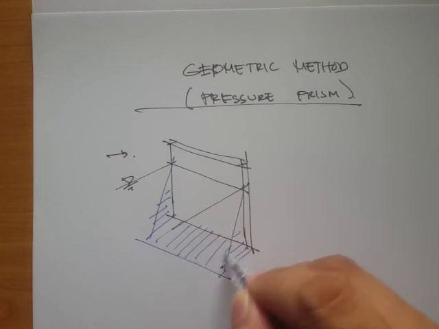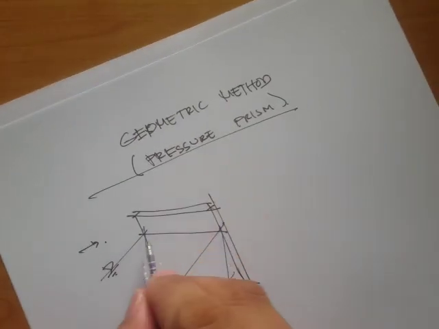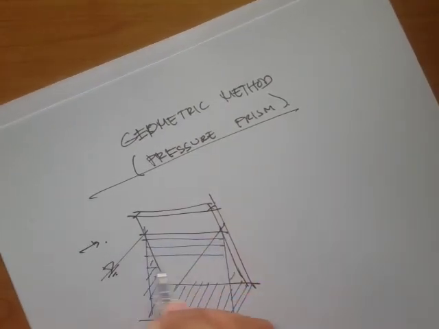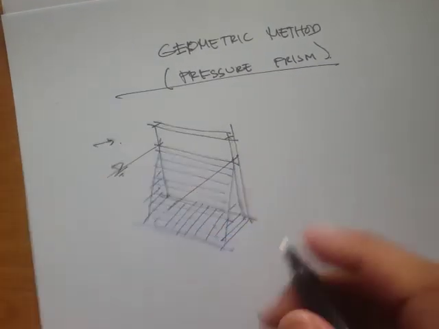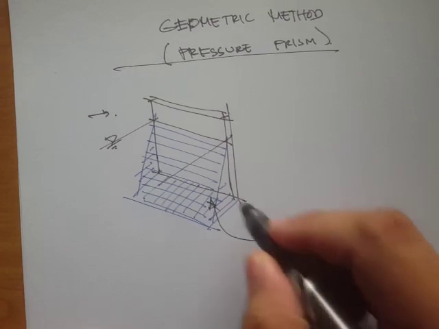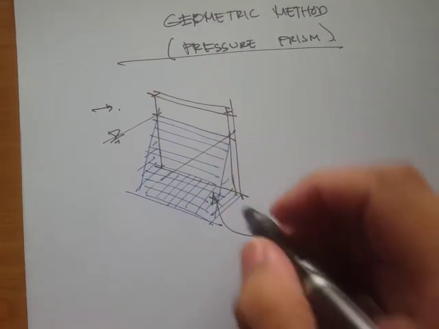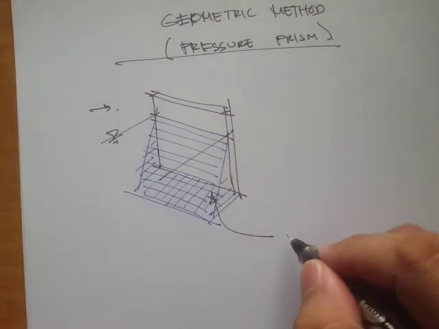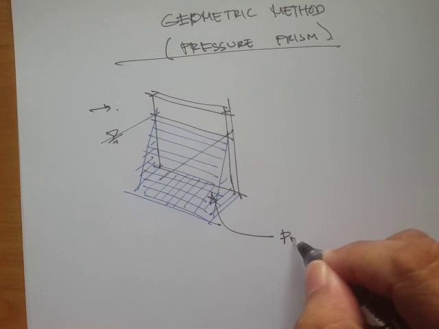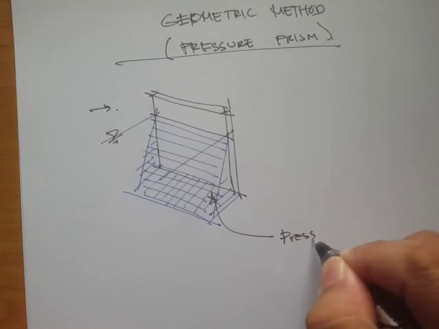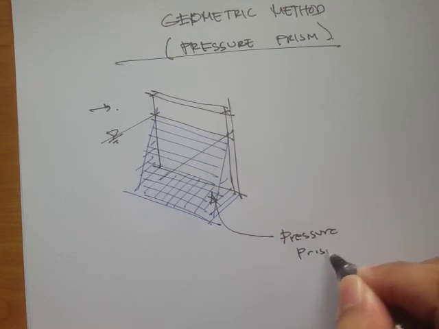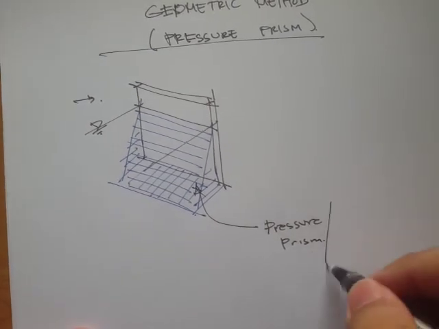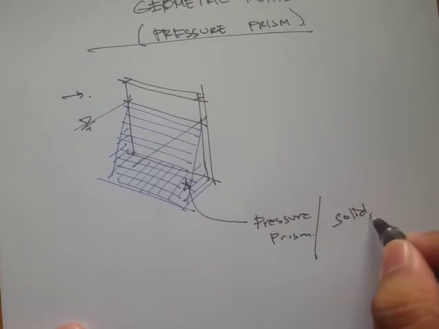Right, so it's basically a force distribution acting on this area. When we say prism, this actually refers to this solid volume of the pressure profile. Okay, so pressure prism, or we can just say it's a solid.